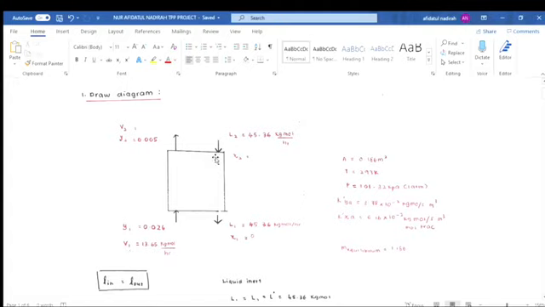For the inlet liquid, we write it as L2, and for the outlet liquid, we write it as L1. So the compositions will be Y1 for the inlet gas, Y2 for the outlet gas, X2 for the inlet liquid, and X1 for the outlet liquid.